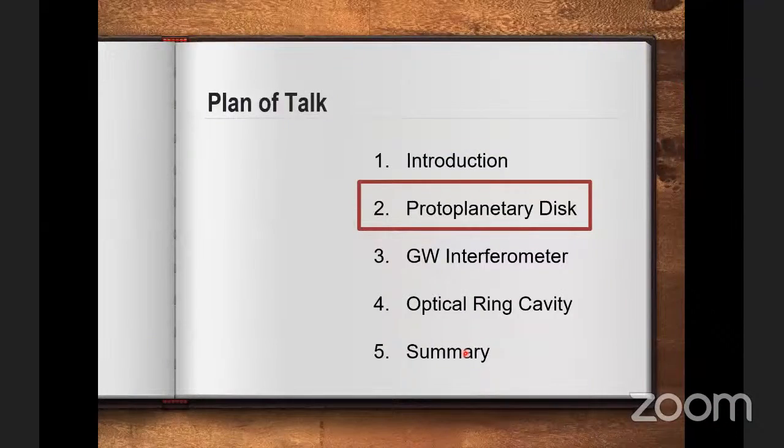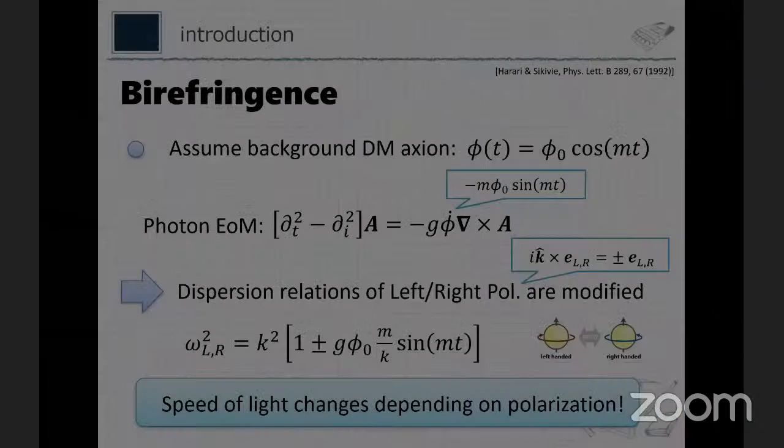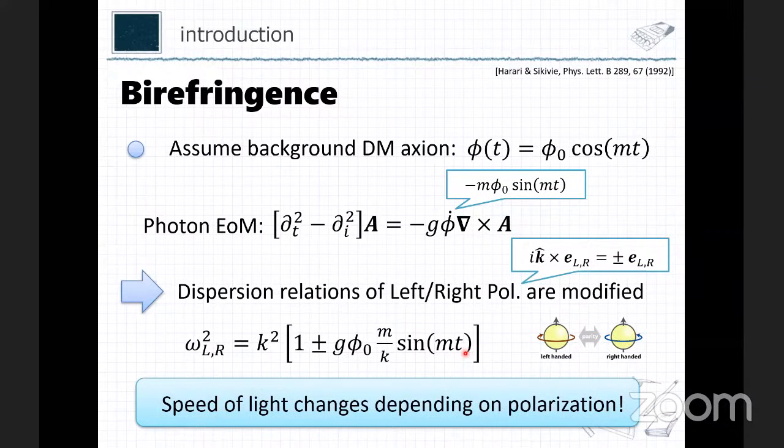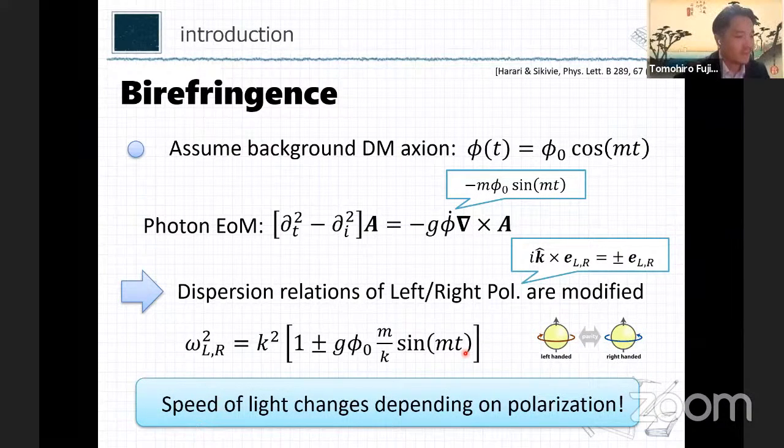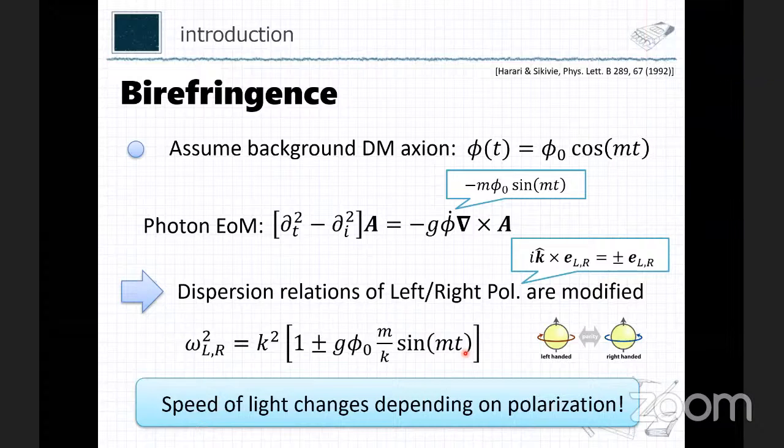I have a question on the previous slide. Yes. You said the speed of light changes depending on polarization. The question is, there is group velocity and phase velocity. Are both differences important, or for example, is the phase velocity difference more important?